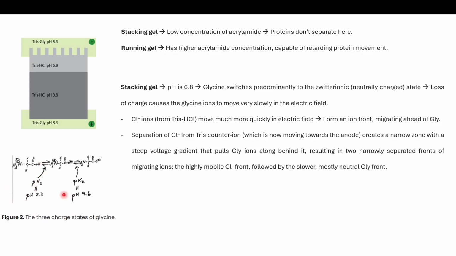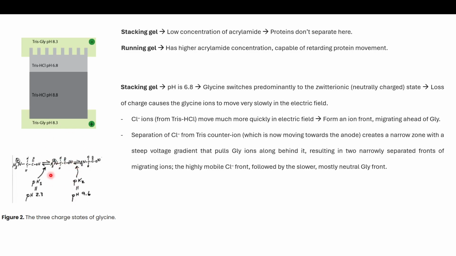But slowly, as the pH increases, the H plus ion concentration decreases, and because COOH has a higher tendency to be acidic, it donates its H plus, forming COO minus, while NH3 plus remains.